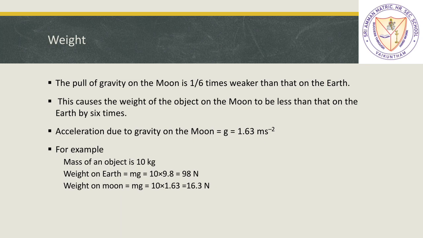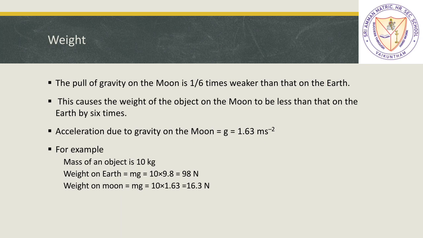Now the same object is weighed, and its weight is calculated on the surface of the moon. So here the mass value will be 10 kgs, and 10 into 1.63, because the g value on the surface of the moon is 1.63, no more 9.8.